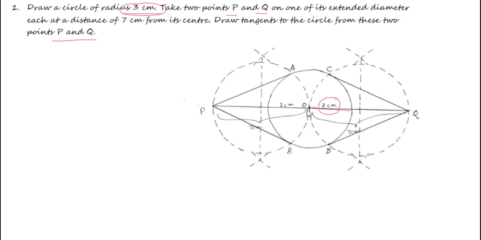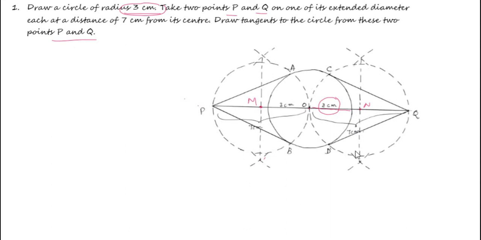Now take PO, draw a perpendicular bisector, find the midpoint of PO. So let us take this as M. Take MO as the radius and M as the center. Draw a circle. Similarly bisect OQ and let this point be N. Now take NO as the radius and N as the center.